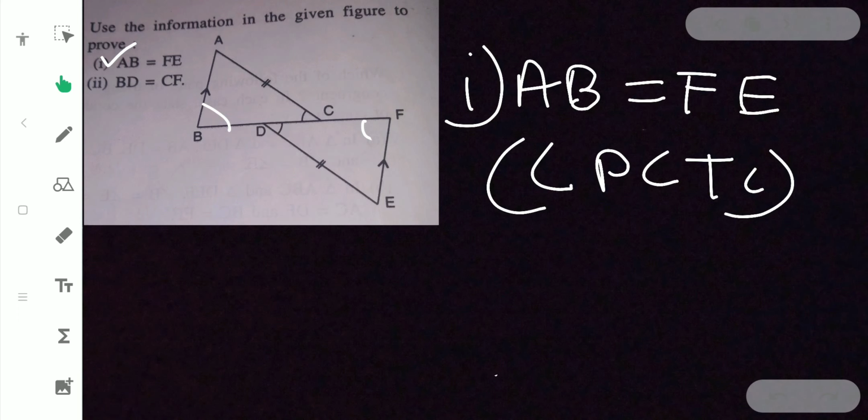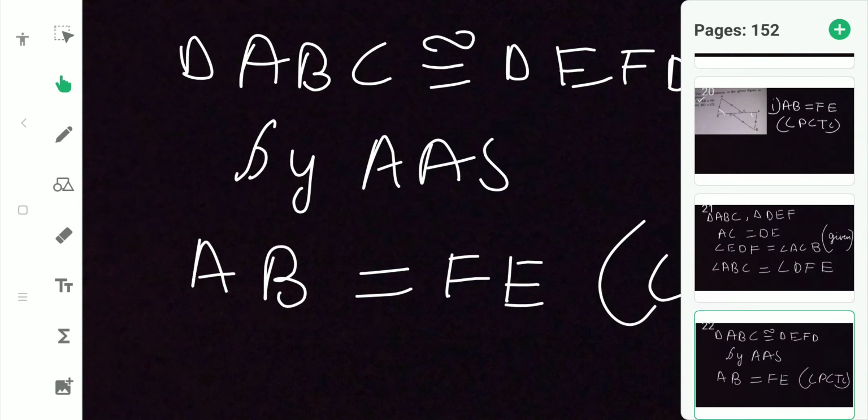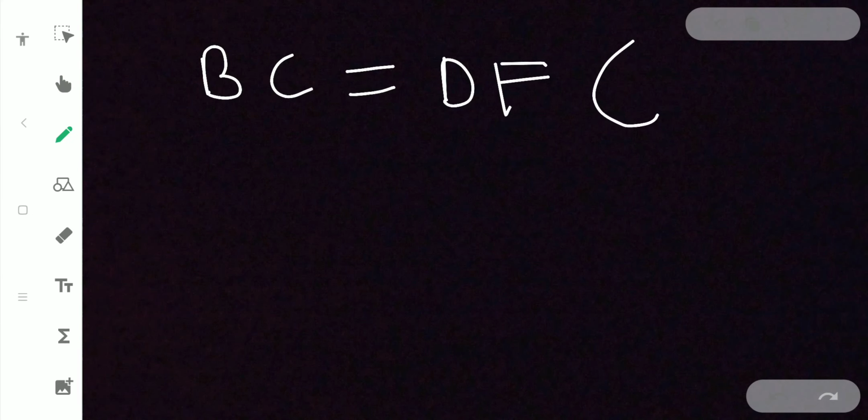But we know that BC is equal to DF by CPCTC. When we place this triangle on this triangle corresponding with each other, we will have line BC is equal to DF. BC is equal to DF by CPCTC.